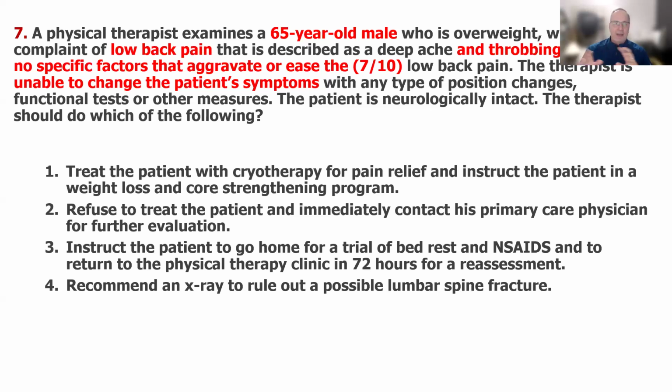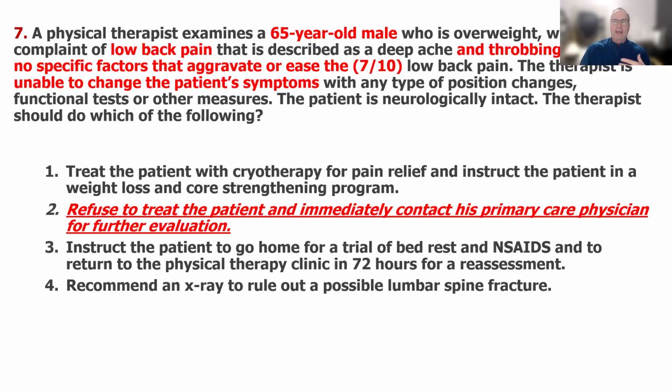They're trying to move them around, and they're unable to change the person's symptoms. So they're constant throbbing, pretty significant, 7 out of 10. And so, yeah, an abdominal aortic aneurysm is what we were going for here.